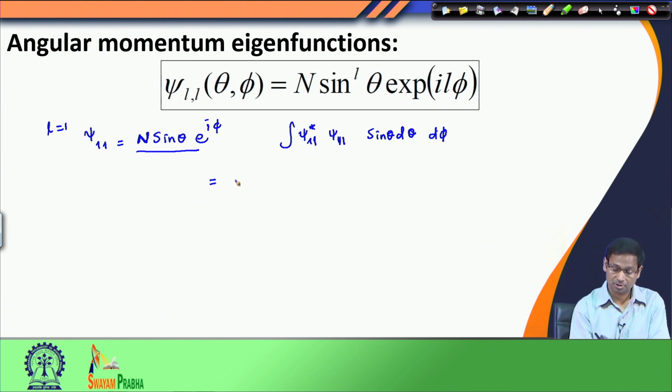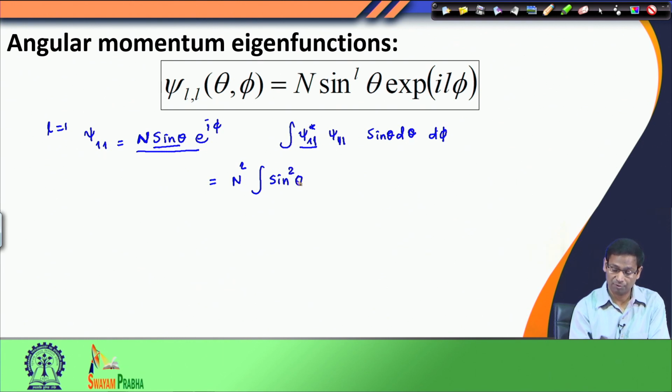When I use psi 1 1 star, I see that sin theta is a real function, its complex conjugate is itself, while e to the power i phi is a complex function. So, I have to be careful when I evaluate its complex conjugate. I am left with N square. I would first write down the theta terms. Sin theta for psi 1 1 and sin theta also for psi 1 1 star.